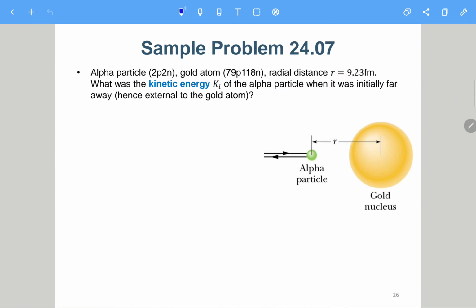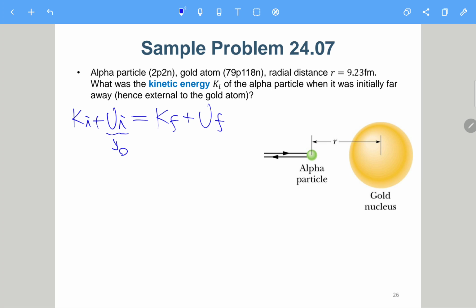So we can assume that there is conservation of mechanical energy. So we have Ki plus Ui, the initial mechanical energy, equals the final mechanical energy, Kf plus Uf. So Ki is what we want to find, and actually Ui should be 0 because we are assuming that it comes from infinitely far away.